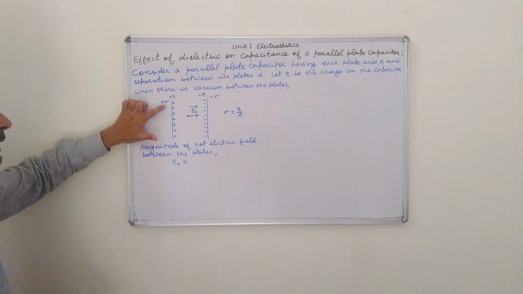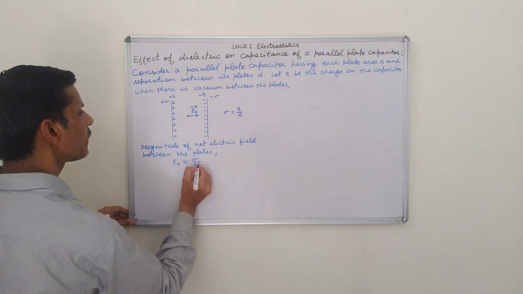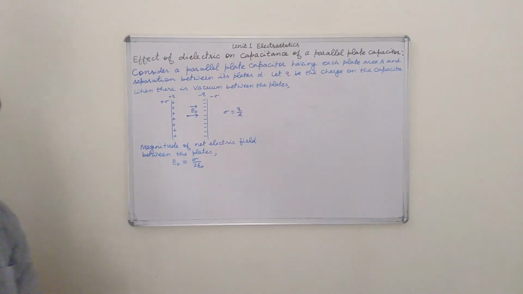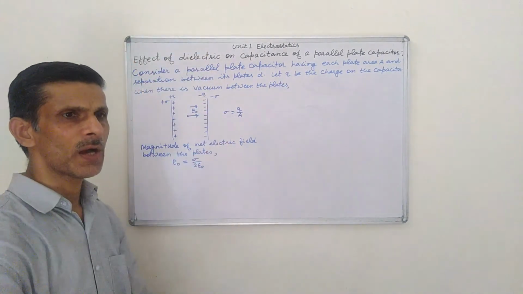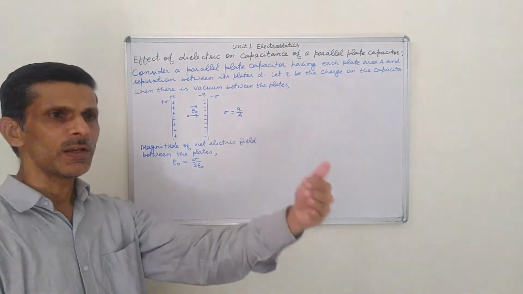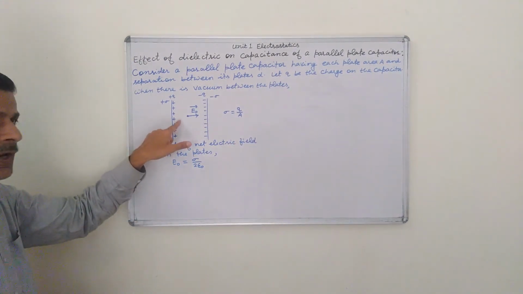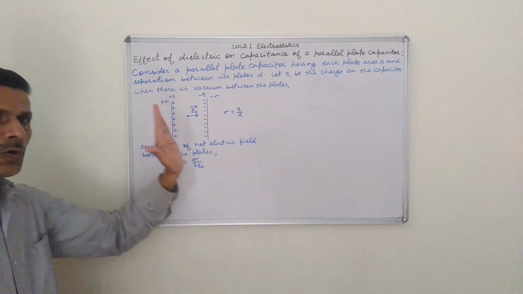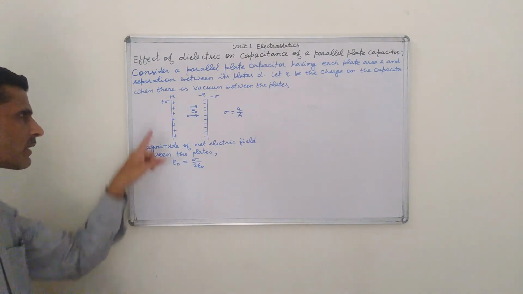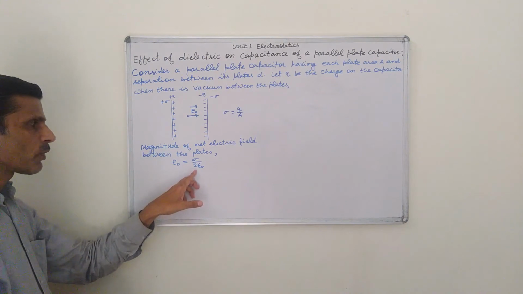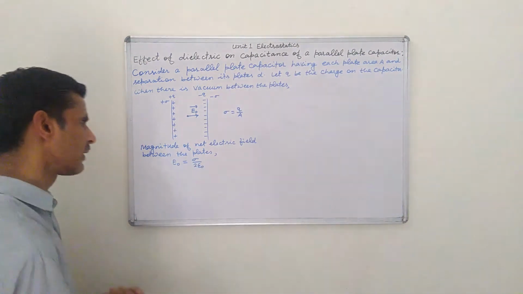So magnitude of electric field due to positive plate, it is sigma upon 2 epsilon naught. You know, if there is a non-conducting plate with surface charge density sigma, then electric field near it is sigma upon 2 epsilon naught. Here, this plate, it is having charge on one side. It behaves like a non-conducting plate, so its electric field, it is sigma upon 2 epsilon naught at this point, directed left to right.